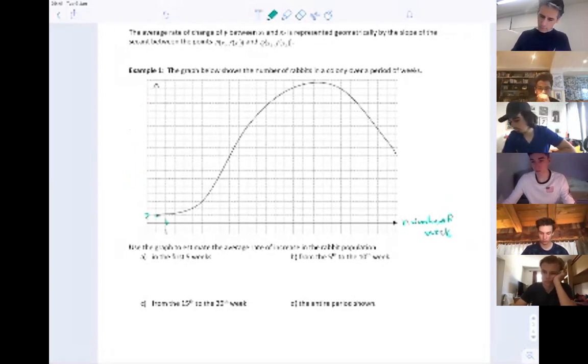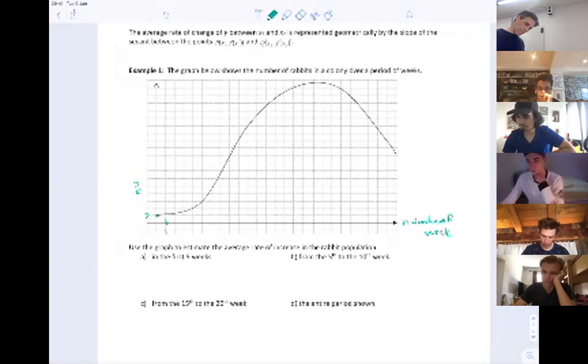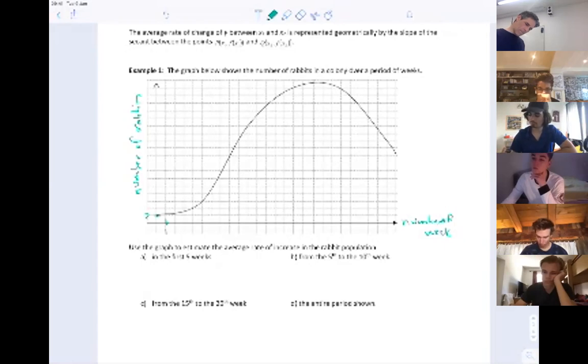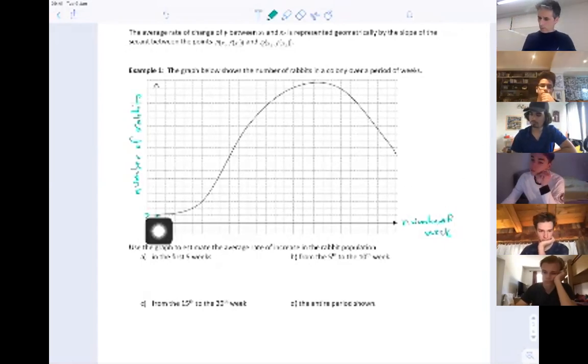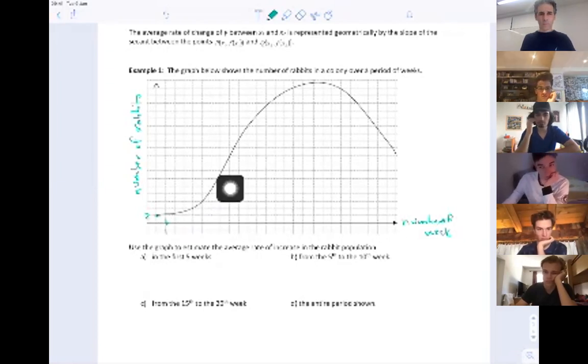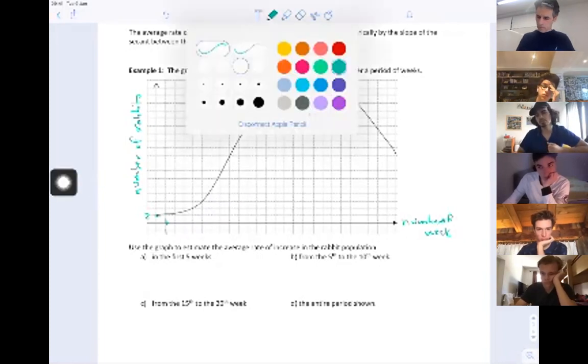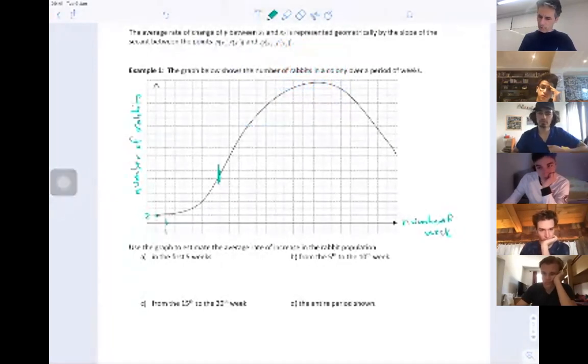So here we have the number of rabbits going up over time. How would you describe the increase? Increasing at an increasing rate. Up to somewhere, say here, how would you describe that increase?